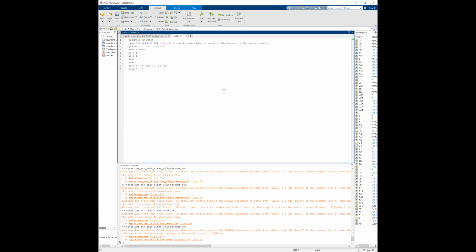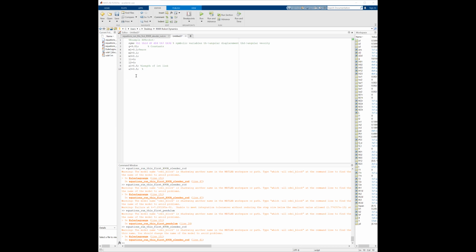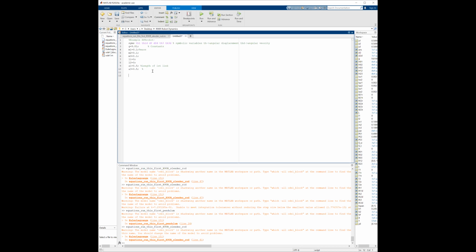So we derived the homogeneous transformations for this problem in lecture 6, and I will paste them over here. This is nothing new.